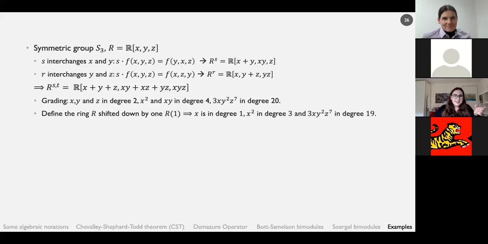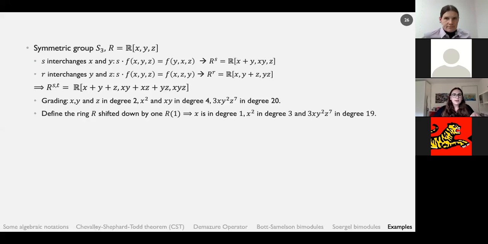And so R^S, which is the subset of R fixed by the action of S, is the polynomial ring over R with the variables x + y, xy, and z. And R^R works in the same way: it is the polynomial ring over R with the variables x, y + z, and yz.